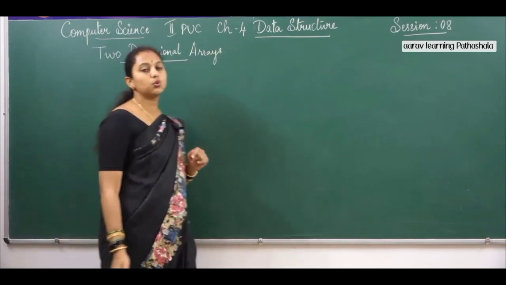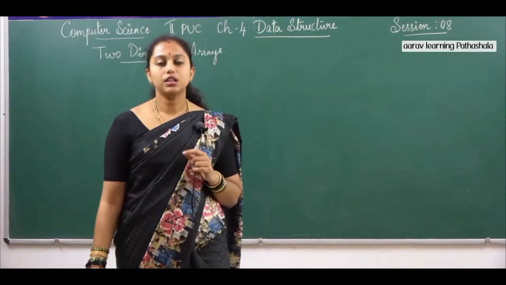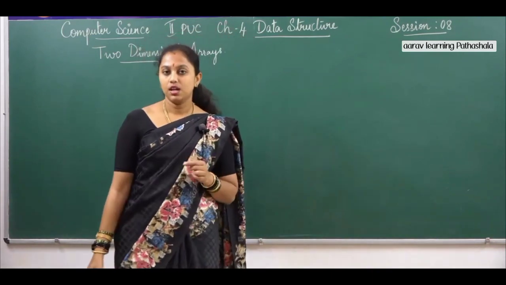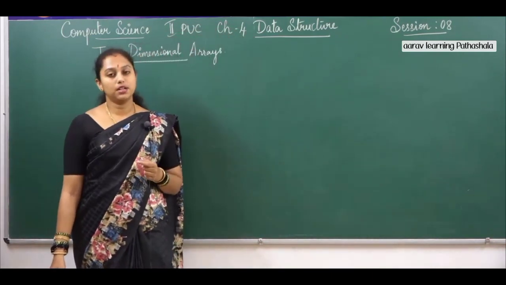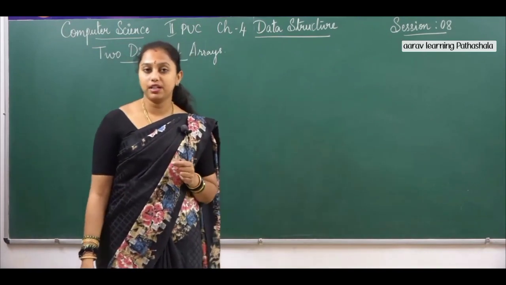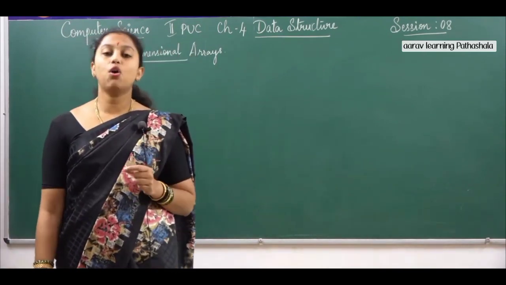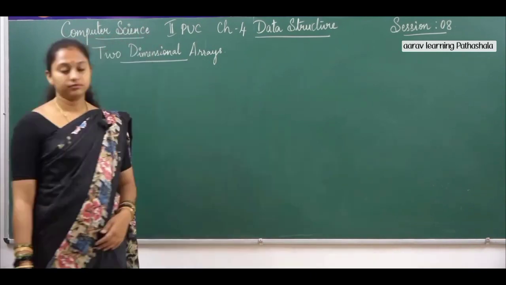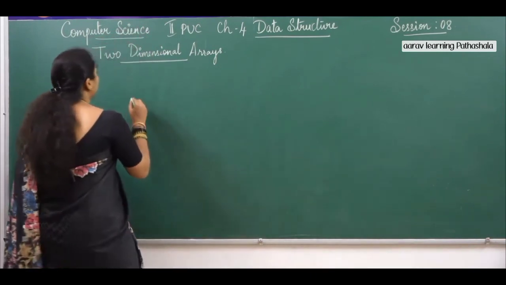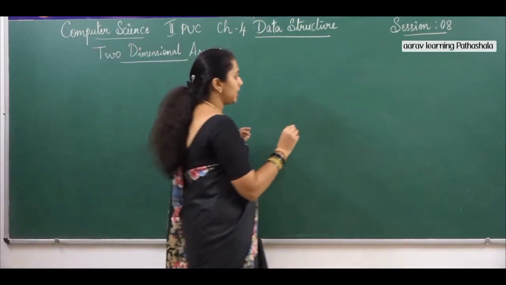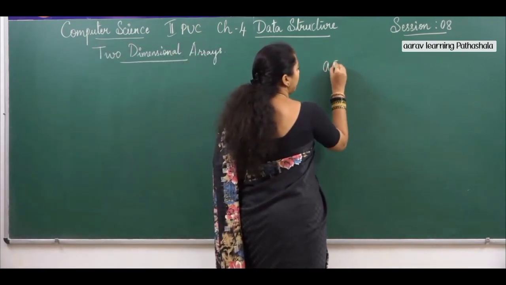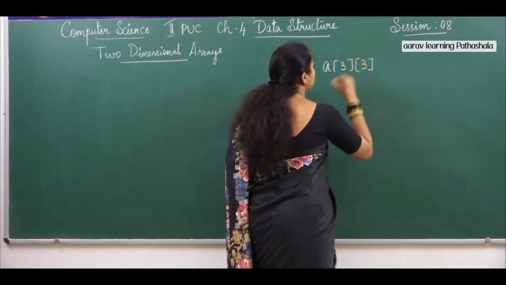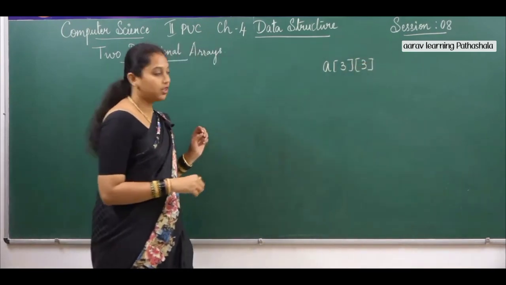So what is a two-dimensional array? A two-dimensional array is a collection of elements and each element is identified by a pair of indices called subscripts. Consider an array A of 3 cross 3 matrix.